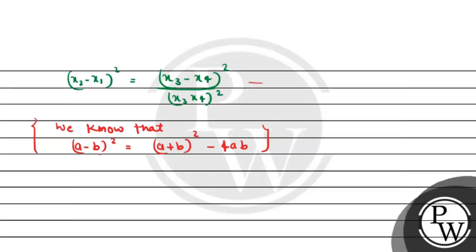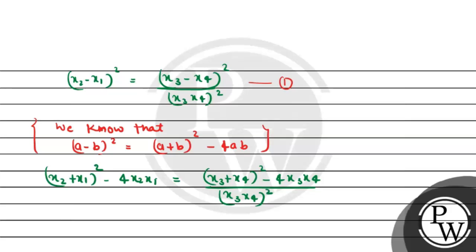First it will be (x2 plus x1) whole square minus 4 x1 x2 is equal to, again applying it on the numerator part, (x3 plus x4) whole square minus 4 times x3 x4, again over (x3 x4) whole square.